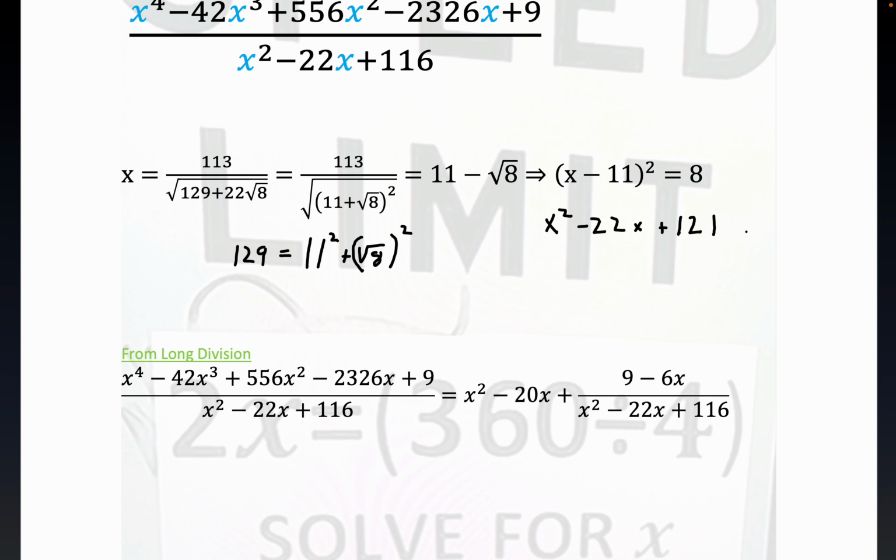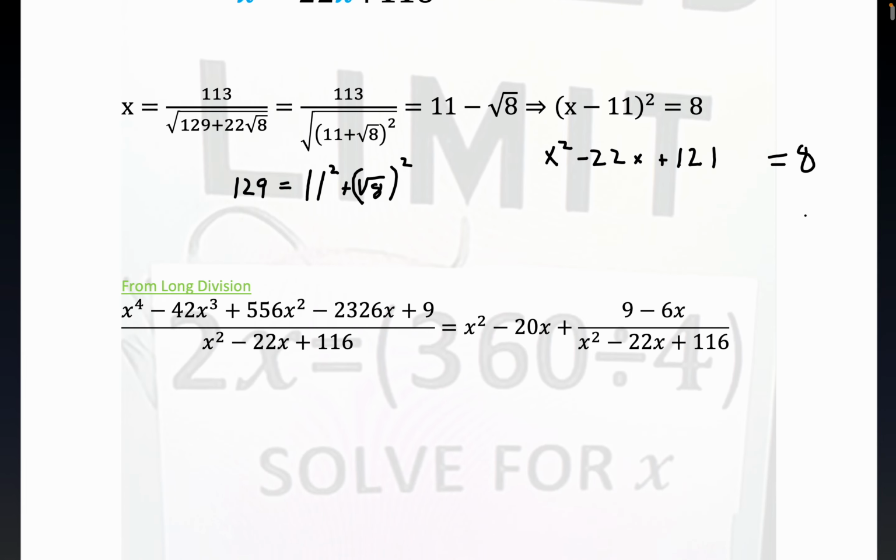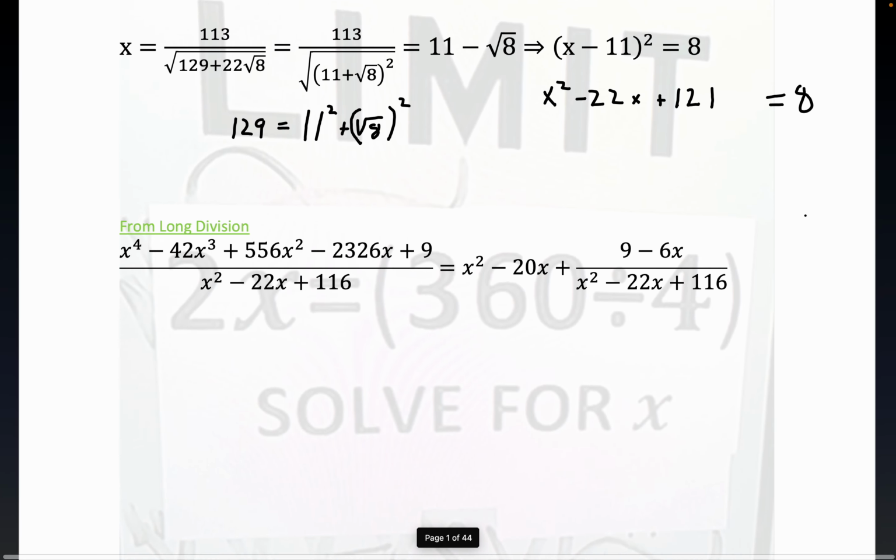Let's skip quite a bit of space. Equals 8. All right. Now, what's cool about this, this gives us a lot of help down here. Hopefully that stays on the screen. So right down here, this is still equal to x squared, the result of the long division.